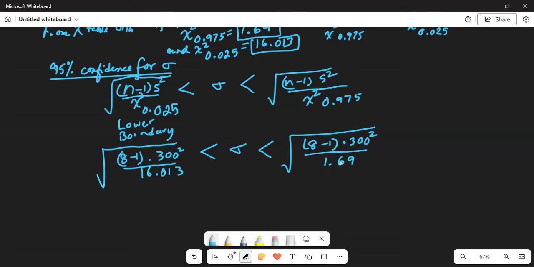Once we get the number, that's your lower boundary for the 95% confidence interval for the standard deviation.